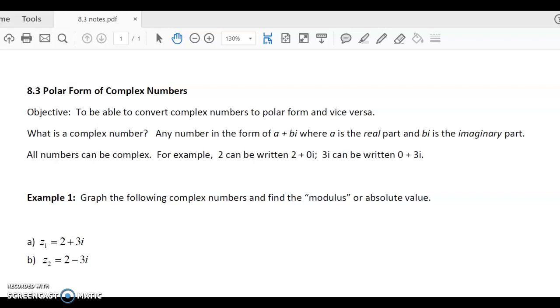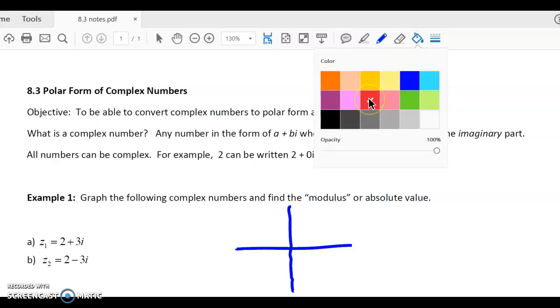In example 1, we want you to graph the following complex numbers and find the modulus, or absolute value. So for letter A, Z1 is just notation. They'll use Z to kind of indicate that you're doing polar and complex numbers.